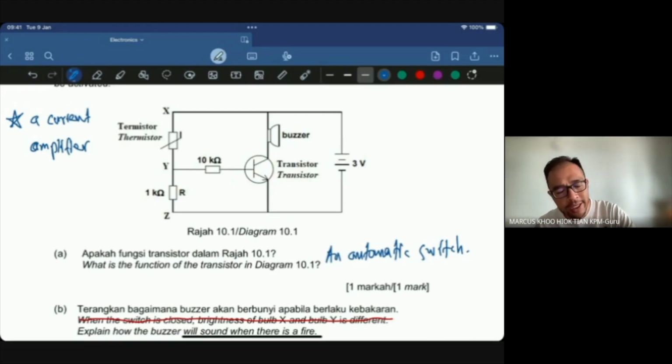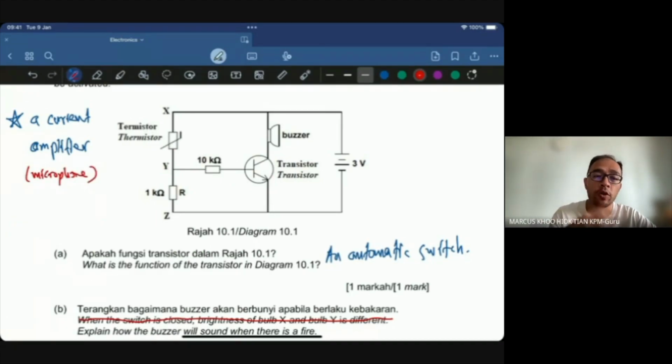Generally, a current amplifier needs a microphone. You talk a bit and you amplify the sound. You want to make the current bigger, so you want to make something very small become very big. So that's a current amplifier circuit. One of the indicators, not the only indicator, is that if you see a microphone, most likely it's a current amplifier circuit.